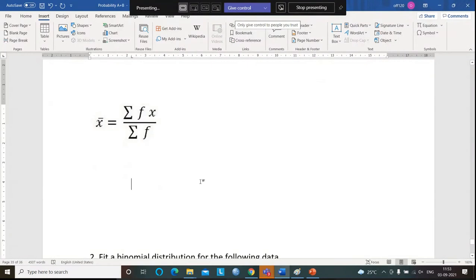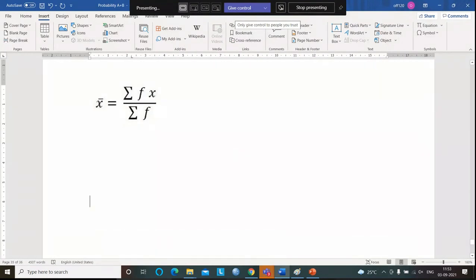That is x bar is equal to summation fx by N. Mean is equal to summation f into x by capital N, that is equal to 200 divided by 150. Let us get the smallest fraction. So it is 4 divided by 3. Our main answer is 4 by 3.